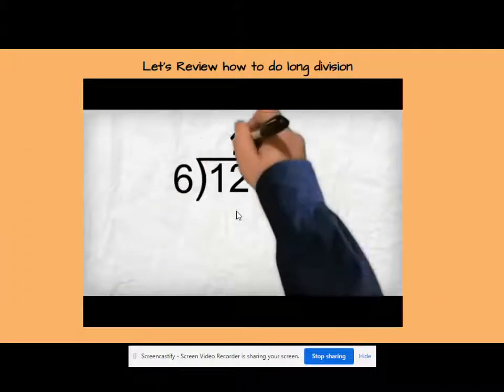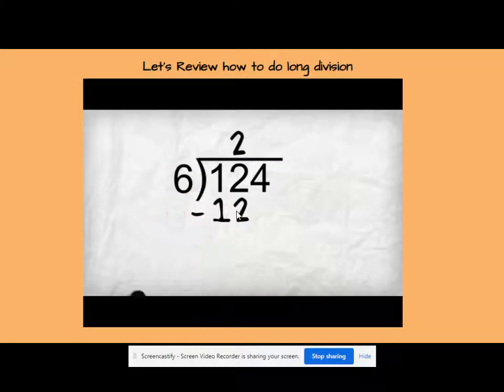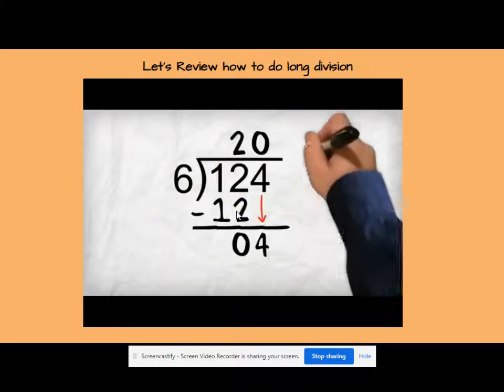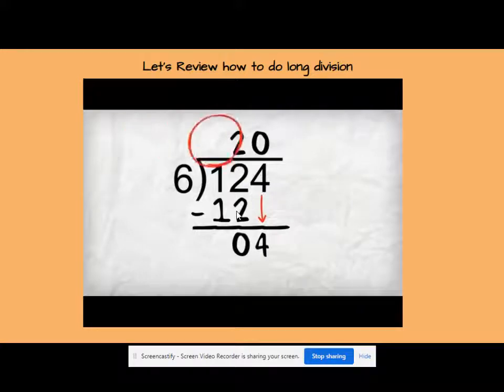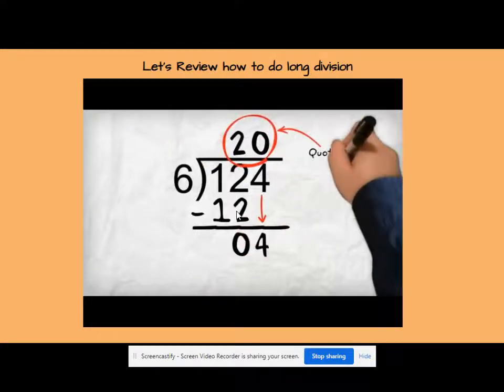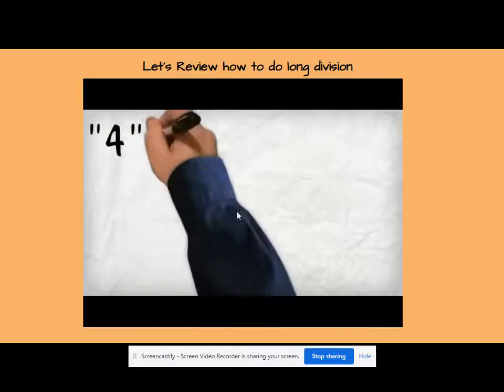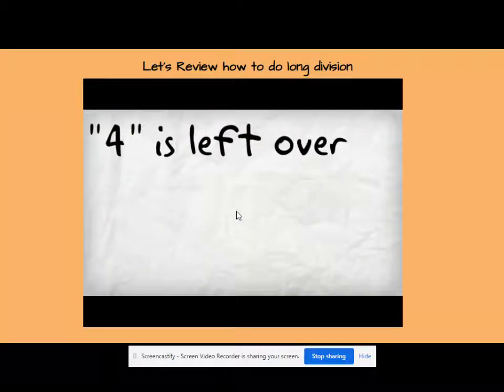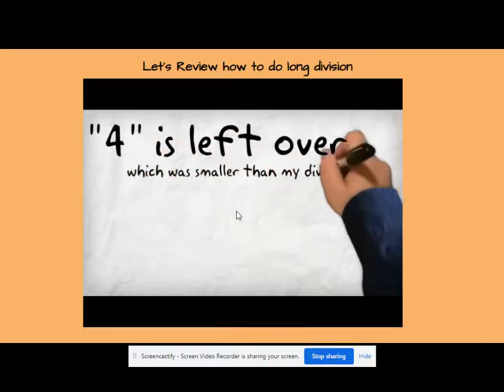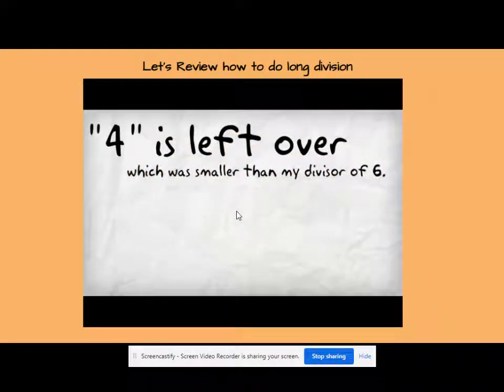If there are numbers left, you must repeat the steps until there's nothing left. You found the quotient, and there's a number smaller than the divisor.